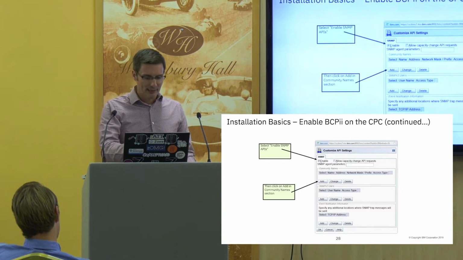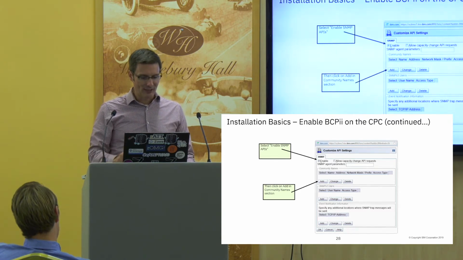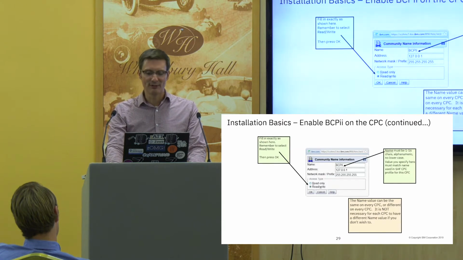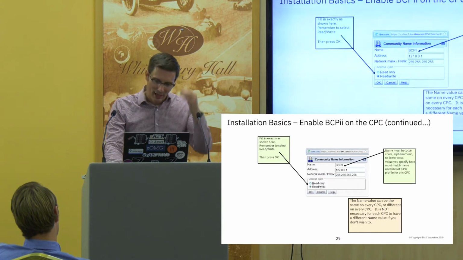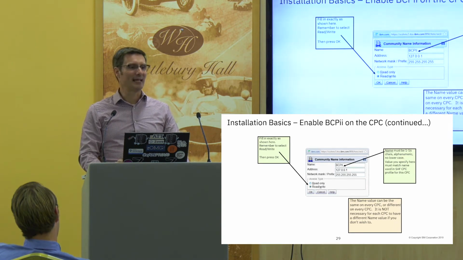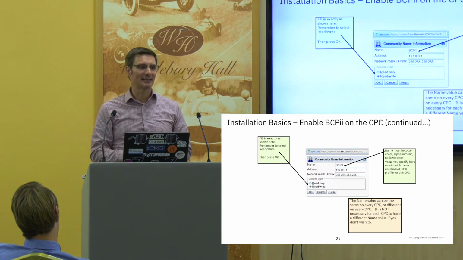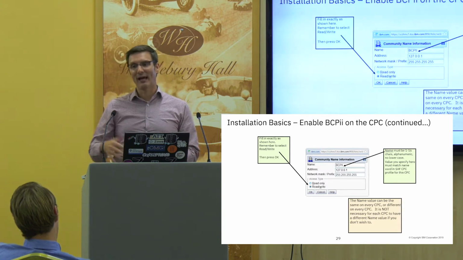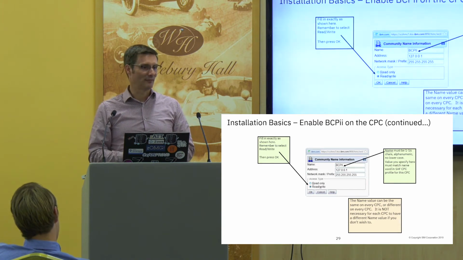So I enable it there, and then I click on the add button for community names, because I want to add a community name. So what is a community name? The best analogy I always give is a non-broadcasted SSID. For example, here at the conference, they have a free Wi-Fi that you can connect to.